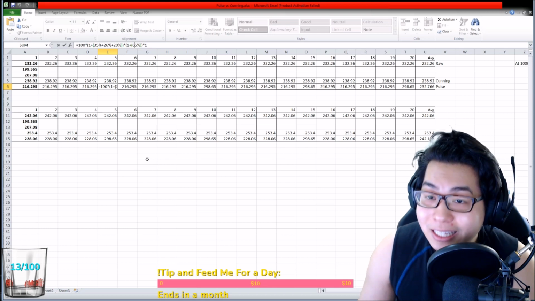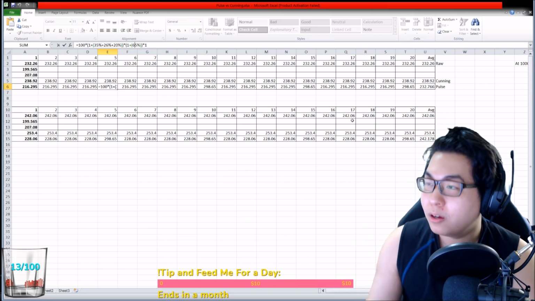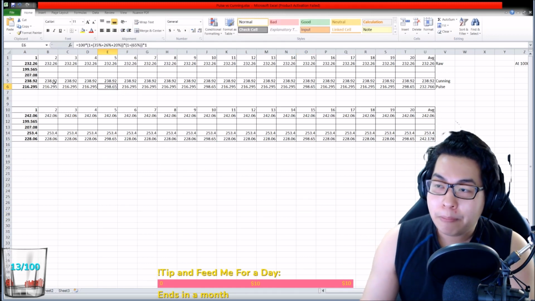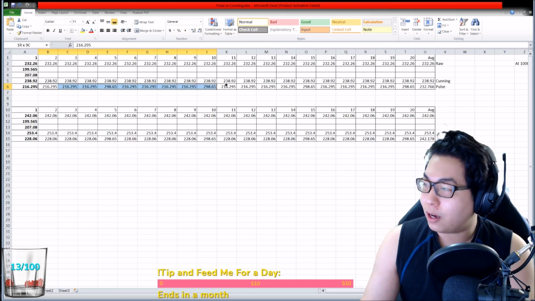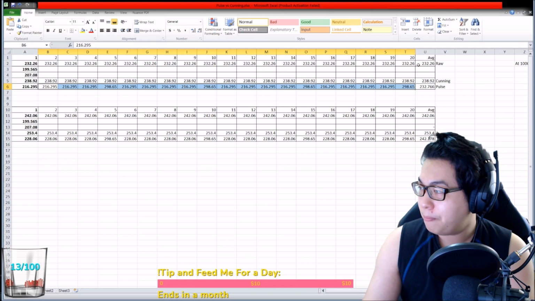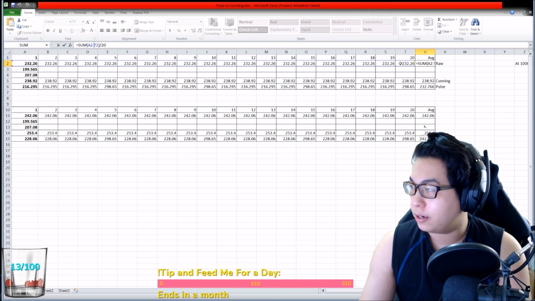Because this is where a lot of people argue that Pulse is better than the Raw. Okay, it may seem like it's better because of every fifth hit, but over a series of 20 hits in total, do you see the numbers up there? 1 to 20. All right, I took a sum of everything here and then divided it by 20. So sum of this whole set divided by 20.